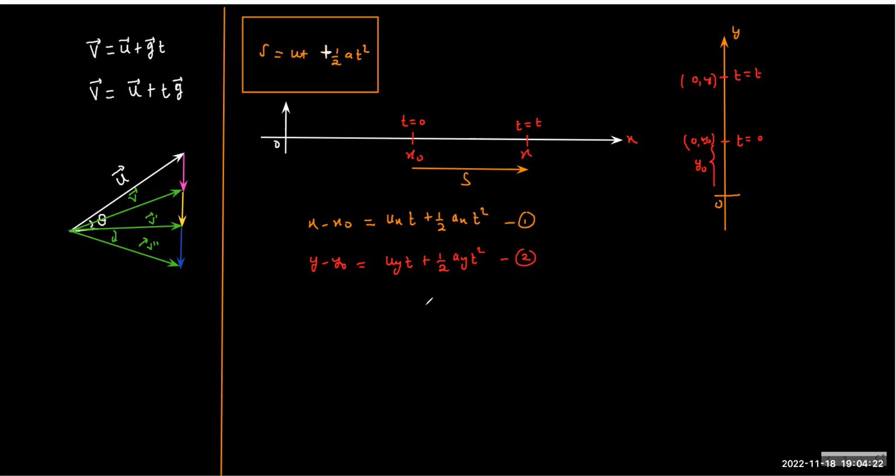So now the same equation, s equals ut plus half at squared. Now we have to write it in these two ways. You may write this as s_x, you may write this as s_y. Displacement along the x-axis and displacement along the y-axis. And now comes the vector relation. How to write the vector relation? Tell me. In vector, how to write s?